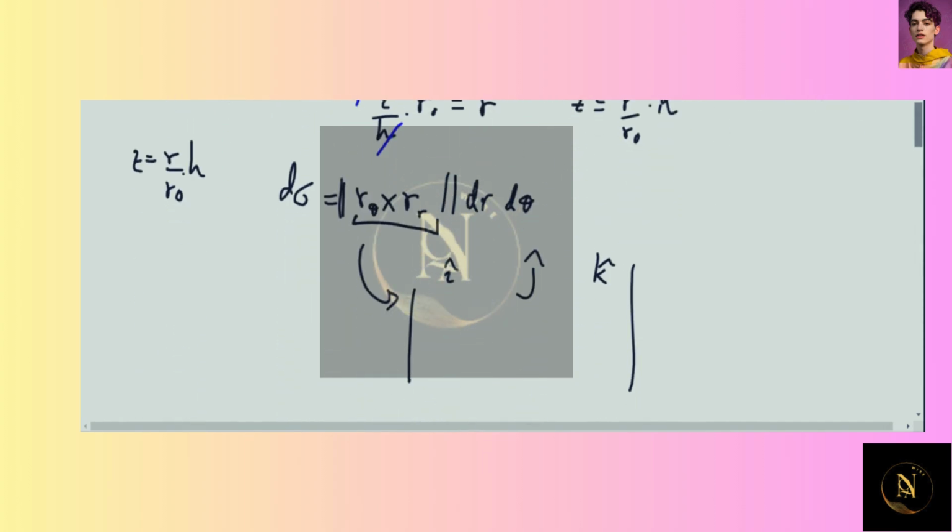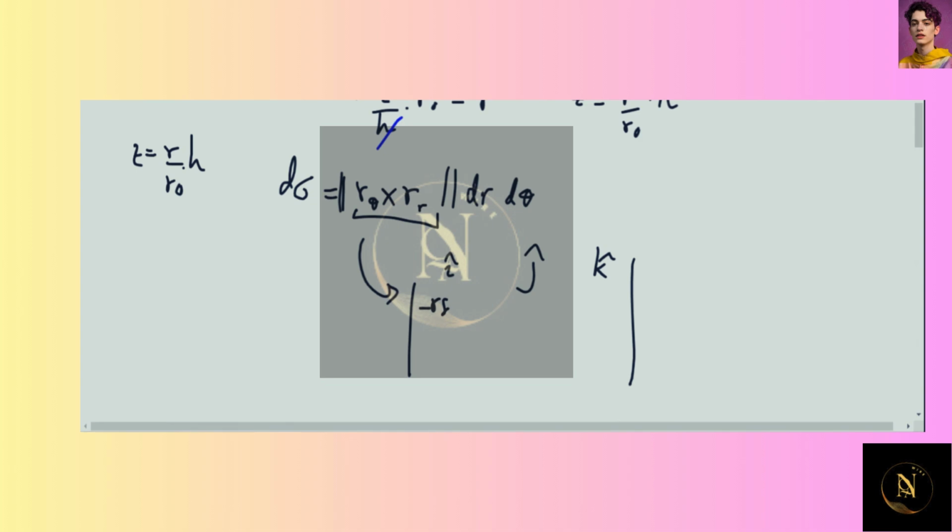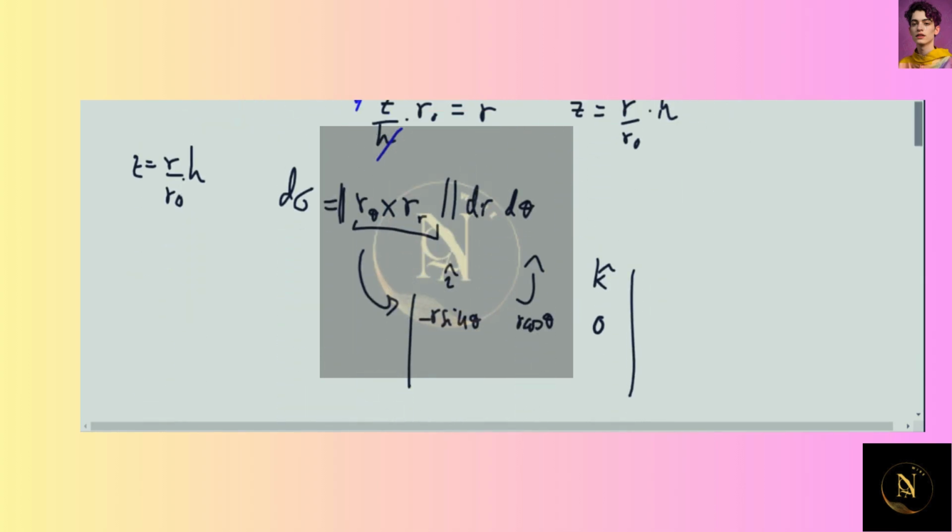For x, the derivative is minus r sine of theta. For y, r cos theta, and for z it would be 0. And the derivative with respect to r would be r cos, r sine for theta, and for k it's going to be h over r naught.